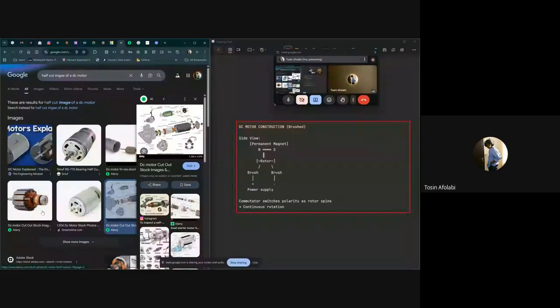So now what I wanted to explain next was PWM and how we control speed in a DC motor. Same thing.